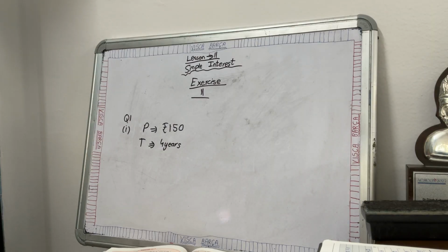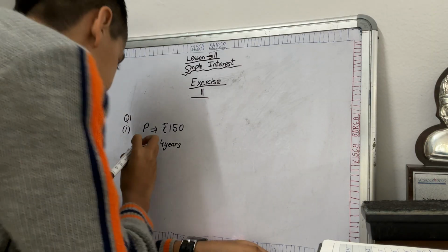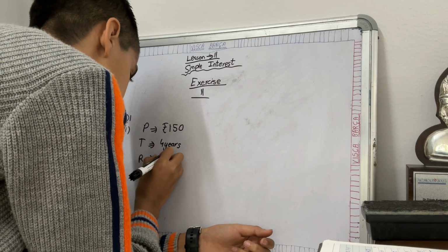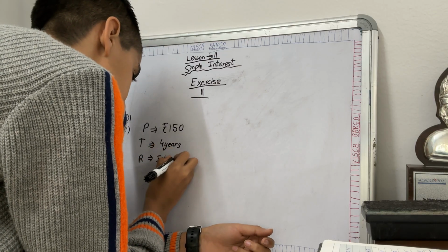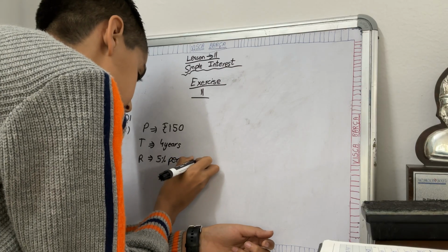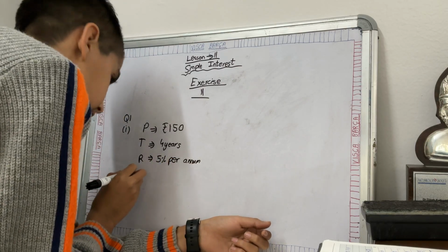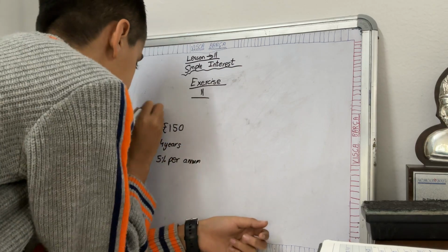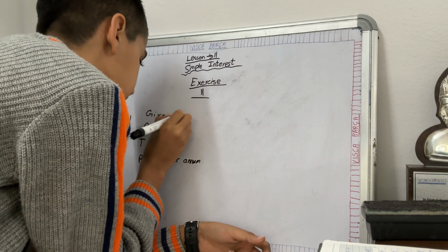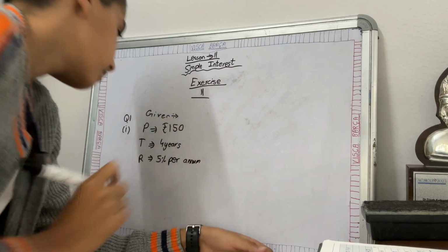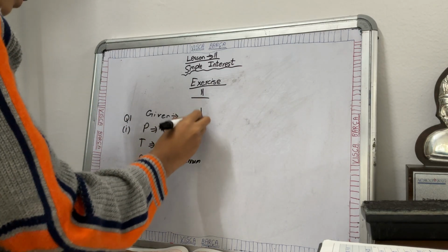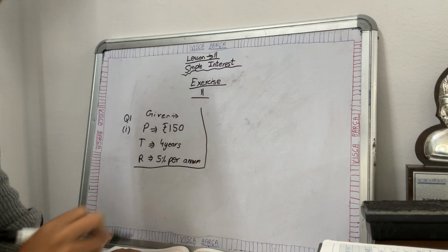And what is rate? R is equal to 5% per annum. So this is given.